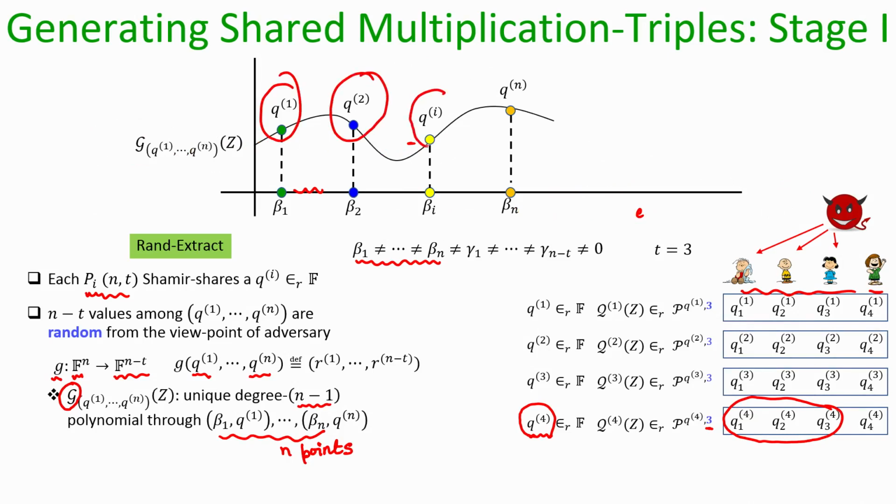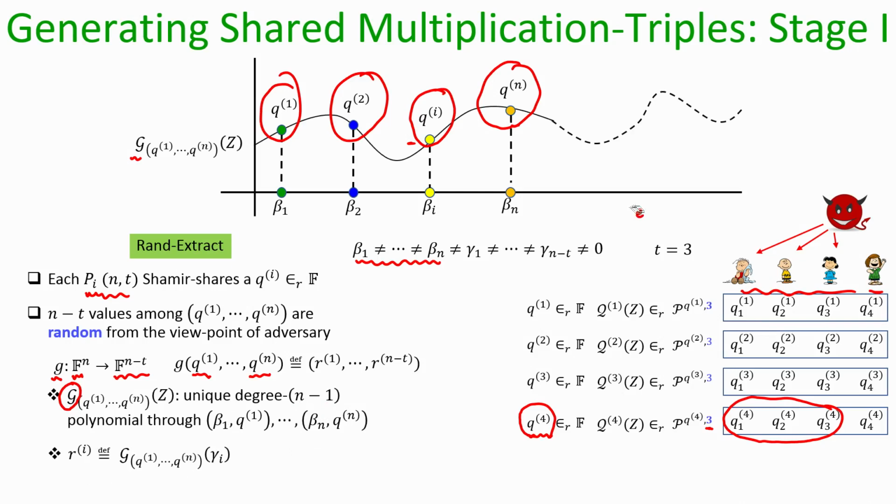Right now they are not available in clear, every party just has a share of these values, but you can always assume that there is a polynomial of degree n minus 1 passing through these n distinct points.